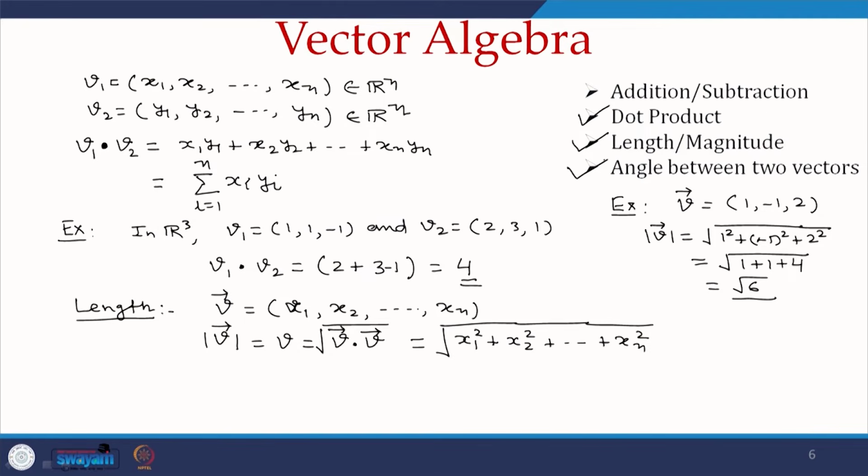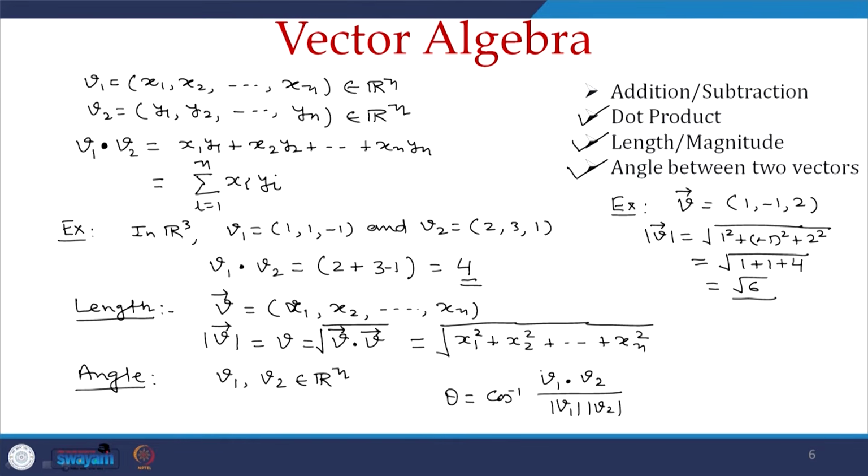Another concept, angle between two vectors. So, let me take two vectors again. So, v1 and v2 belong to Rn. Then the angle between these two vectors is given by theta equals to cosine inverse of v1 dot v2 upon norm of v1 into norm of v2.